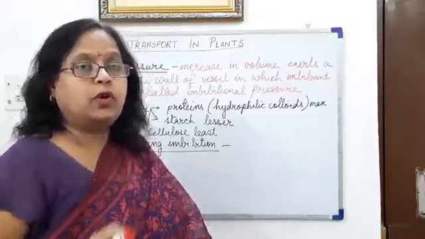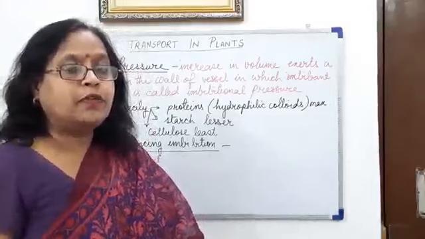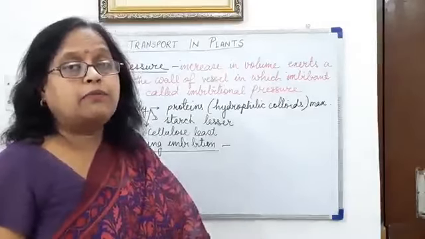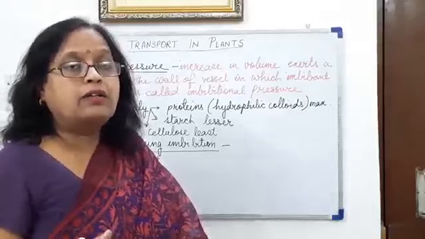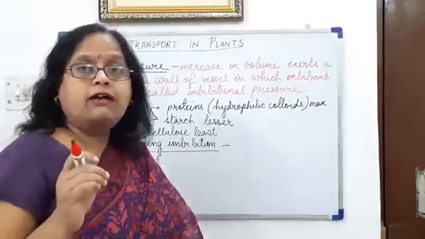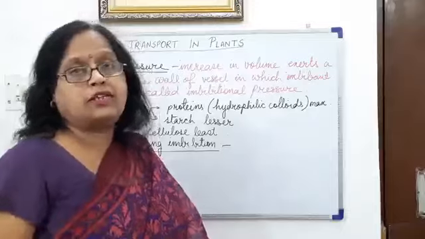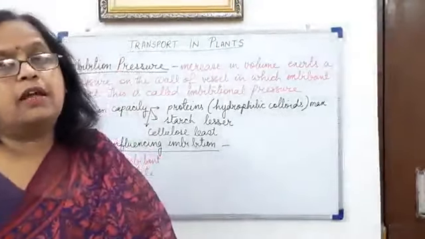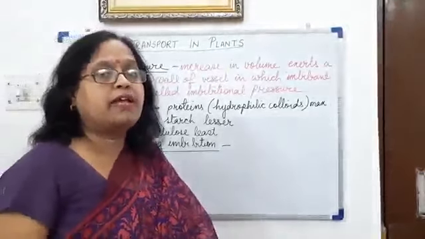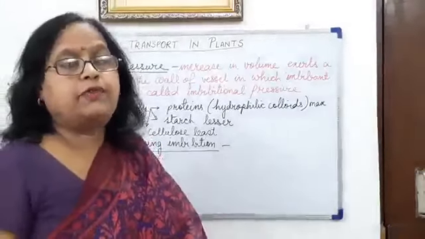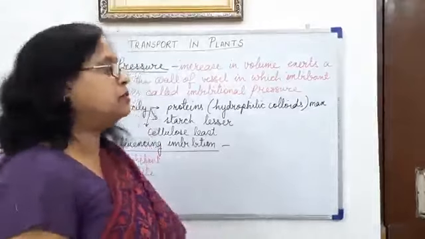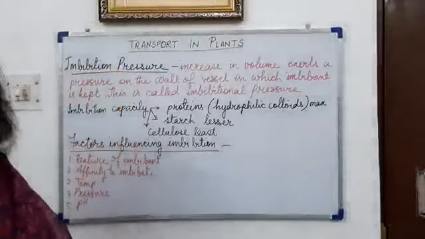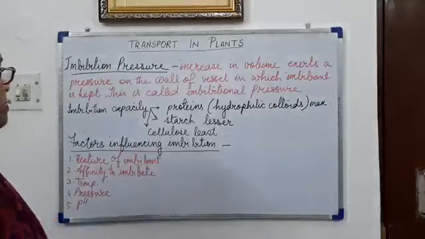But when we soak maize seed or wheat seed, it does not swell up to that extent because they contain starch. So with this example we can say that imbibitional capacity is different in different types of imbibants. Then there are certain factors which influence imbibition.